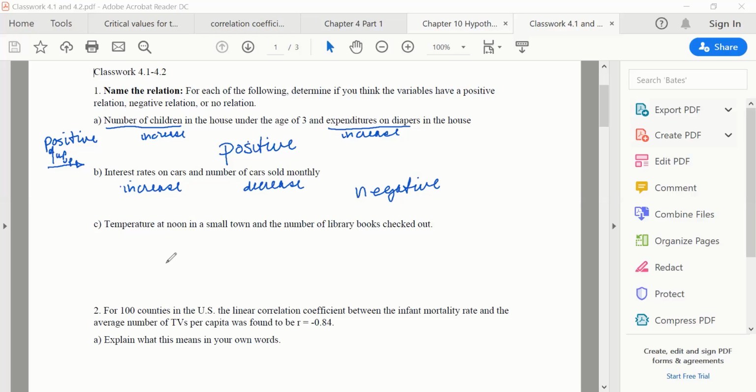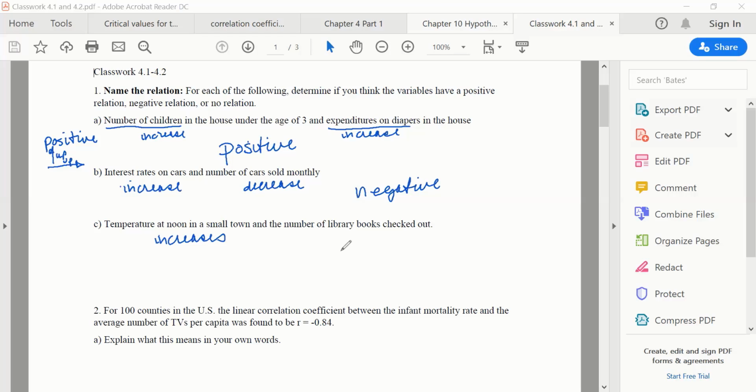The third one, the temperature at noon in a small town and the number of library books checked out. Do you expect there to be a correlation that's positive or negative or none? So as the temperature increases, would you expect to check out more library books, less, or do you think it doesn't matter?